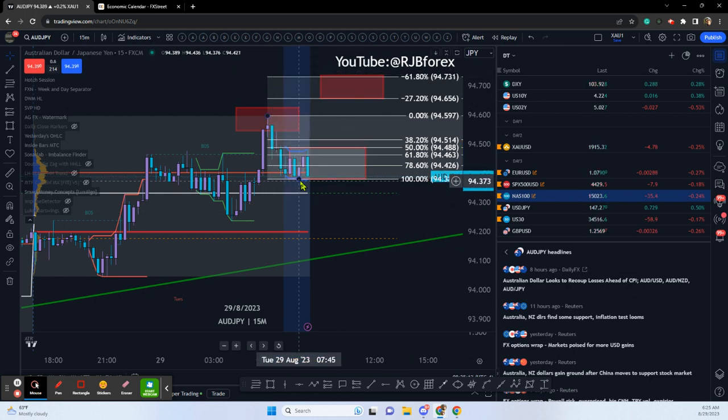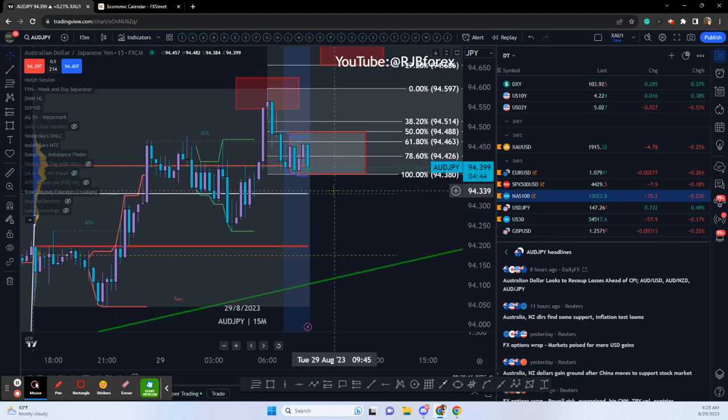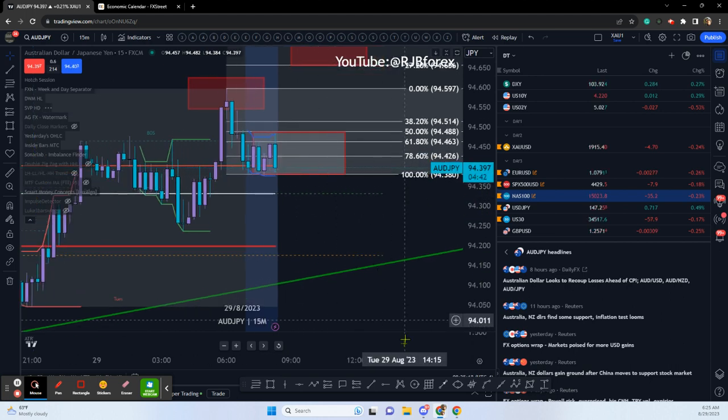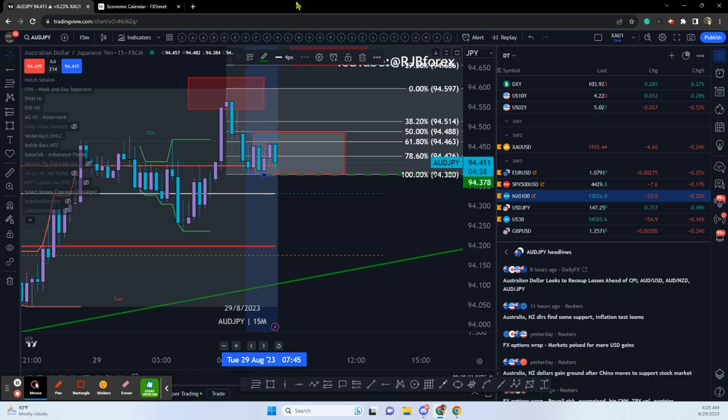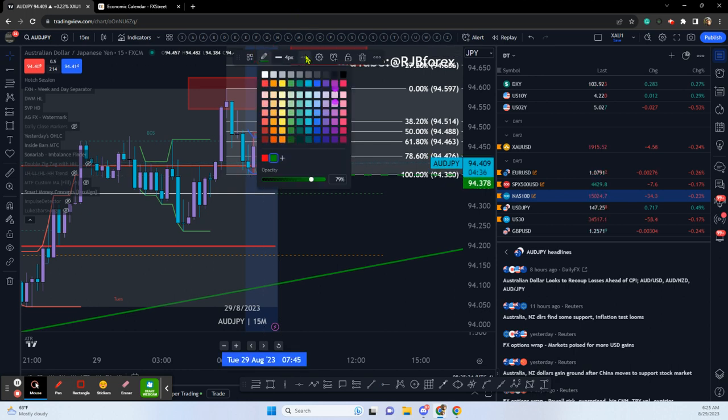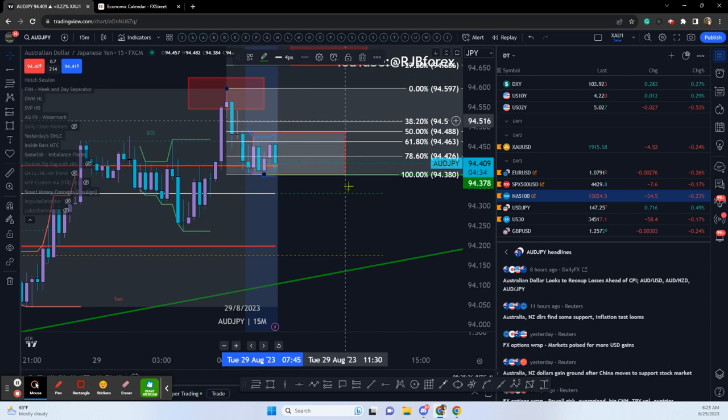So if we get a break below the lows, and there's risk all the way lower.